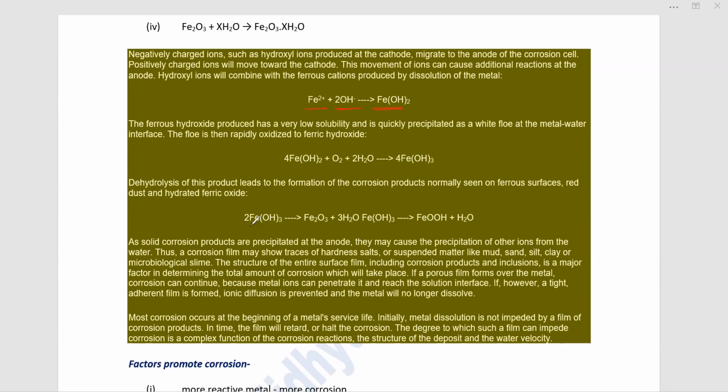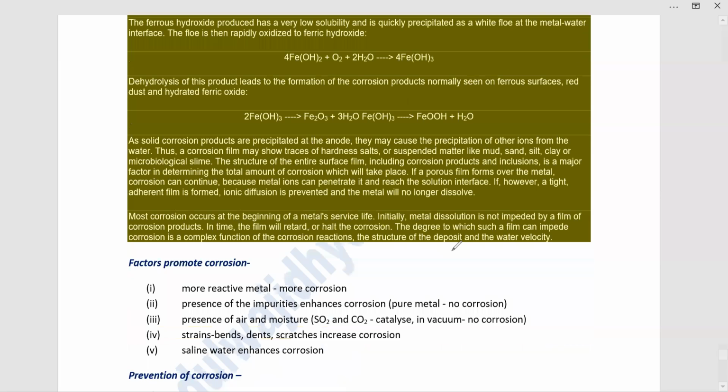This Fe(OH)2 reacts with oxygen in the presence of moisture to form Fe(OH)3. This Fe(OH)3 gets converted into Fe2O3 plus 3H2O, or you can say it gets converted into FeO(OH) plus H2O. So these are the reactions involved in the process of corrosion.